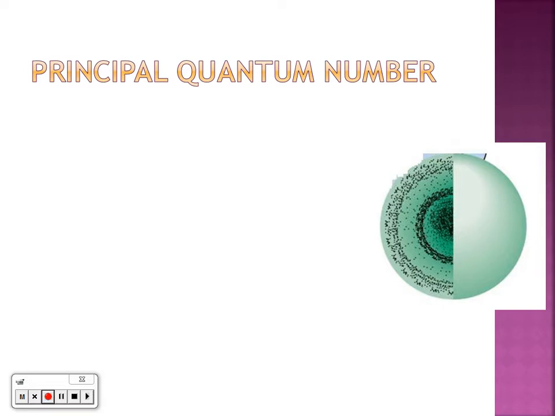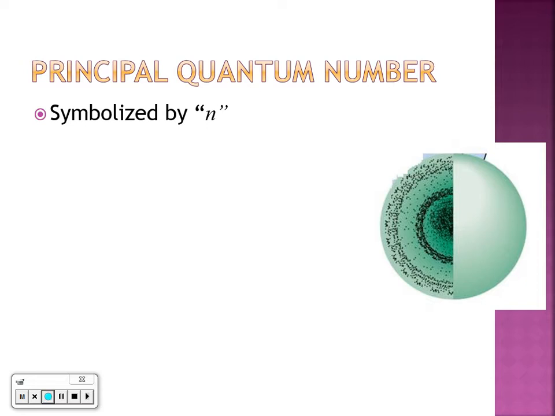When we talk principal this way, that means the highest or the most important. So the principal quantum number. We use a lowercase letter n to represent that principal quantum number.